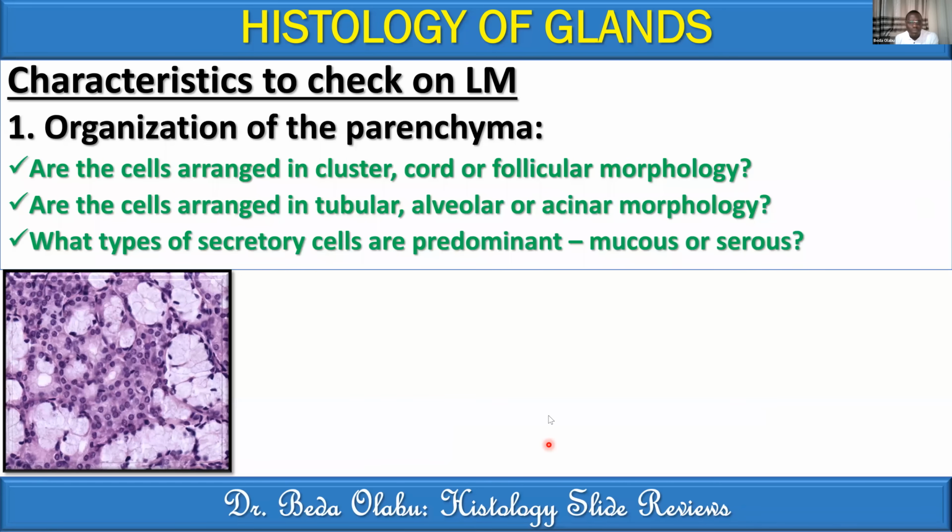Most of you have said mucus, and I know why you've said mucus, but this is not mucus. You see, these ones are mucus acini, yes, but these ones are serous acini. So this one is a mixed type.